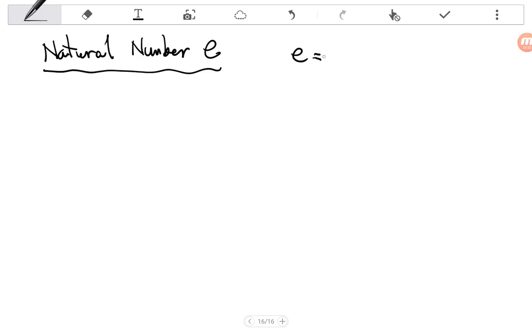This e is just a universal number, just like pi, for example. This is another universal number which is called the natural number e, which is 2.71 and so on. You may find it in the calculator.